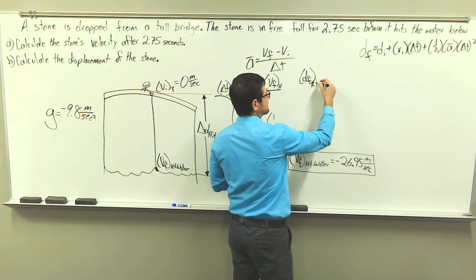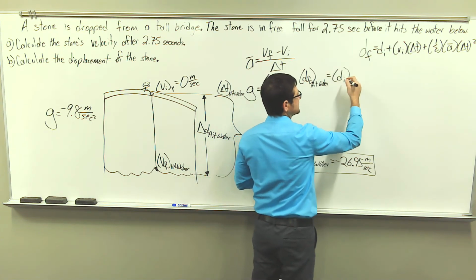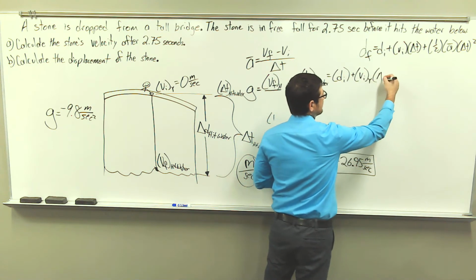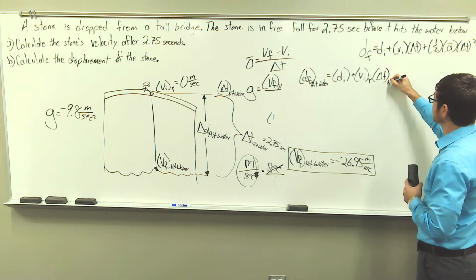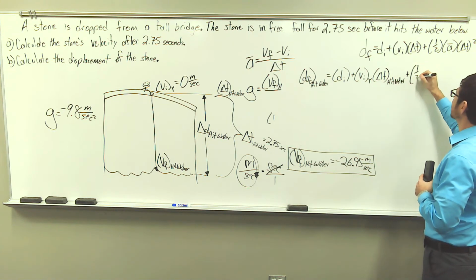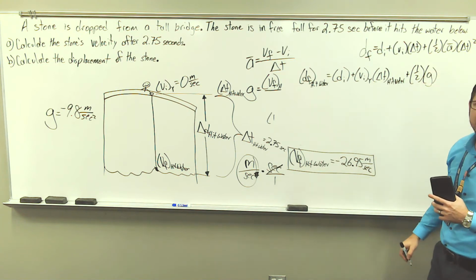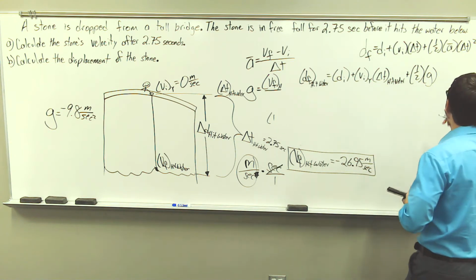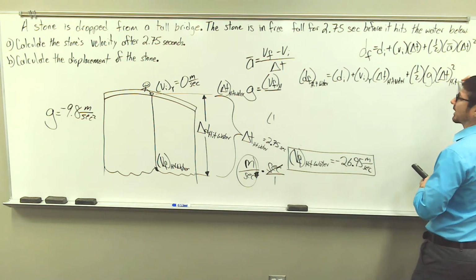So this is the displacement to hit the water, is equal to my initial displacement plus my initial velocity in the y direction multiplied by my time interval to hit the water, plus 1/2 times the acceleration due to gravity. And the acceleration due to gravity is identified by lowercase g times delta t to hit the water squared.